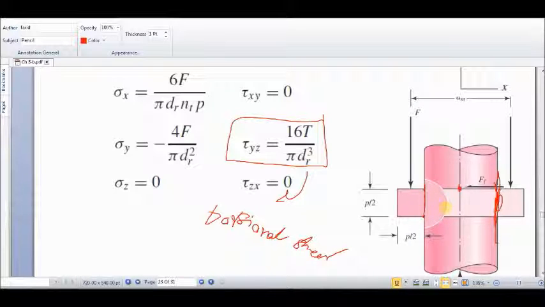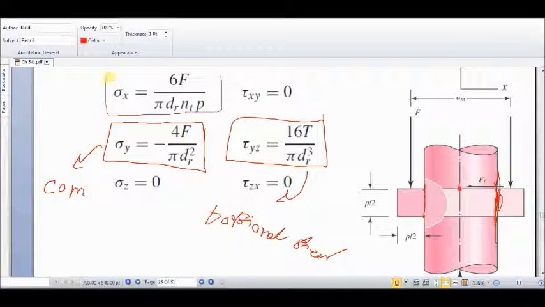So we have to use this equation to find the compressive stress on the body or root of the thread. And the other important stress at the root of the thread.